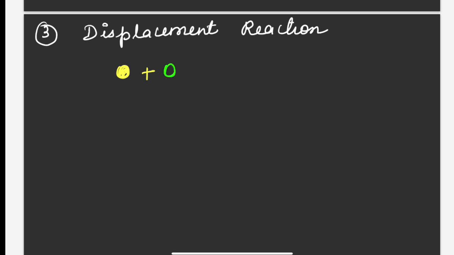So this is the second reactant, and this is the product you are going to get. Observe clearly what I have written. This is A, this is A, this is B, and this is C.